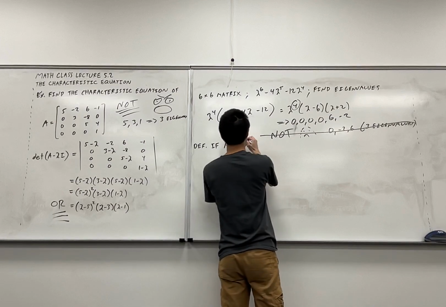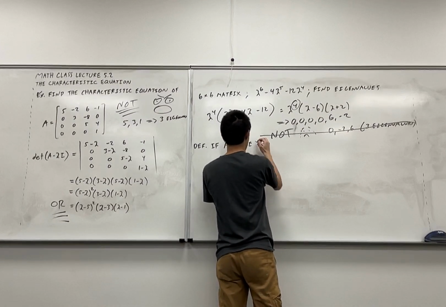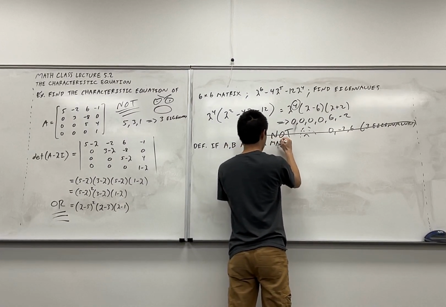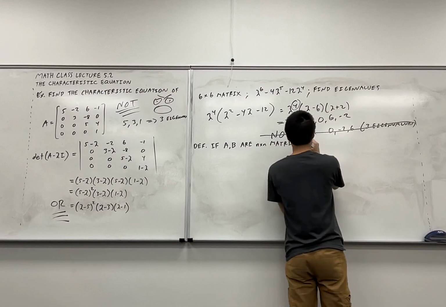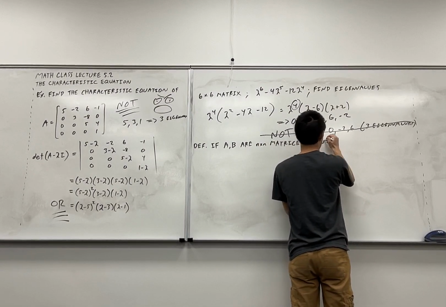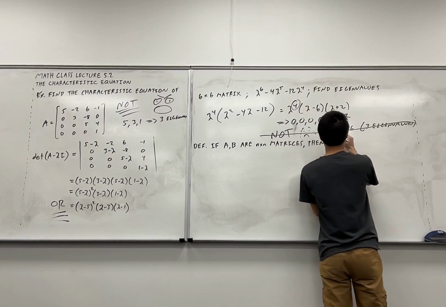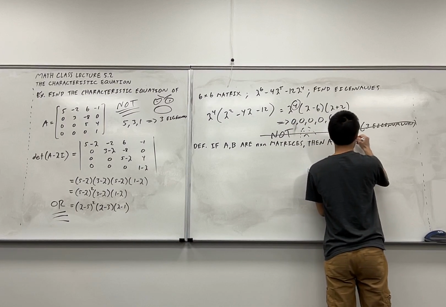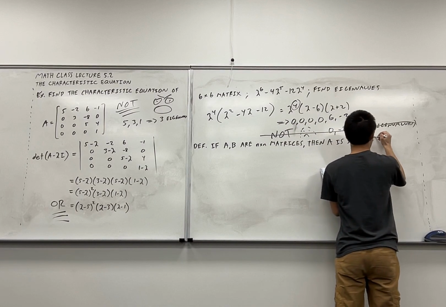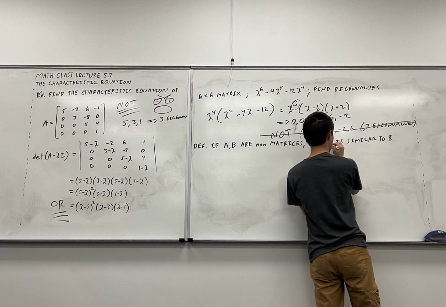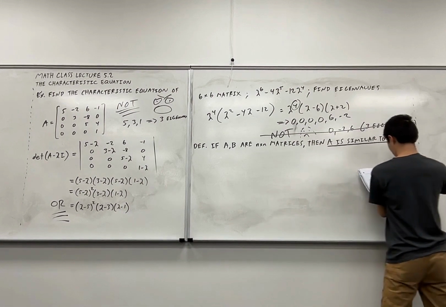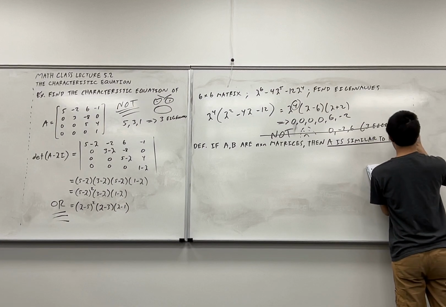So if A and B are n by n matrices, then A is similar to B. Really profound stuff, I know.